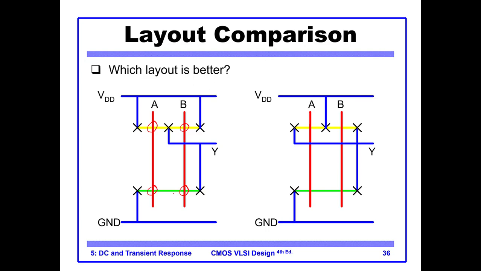Again, on this side also we have a PMOS, an NMOS, and NMOS. They are in series. What is the difference? The difference is on the left side we have two connections for VDD and a single connection for output.